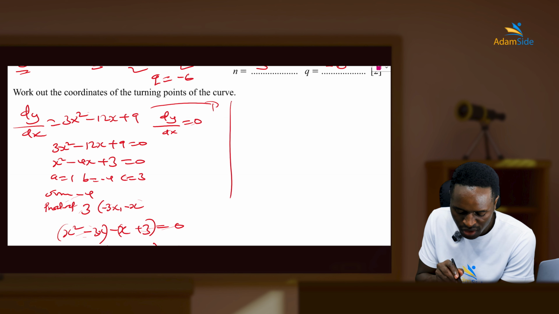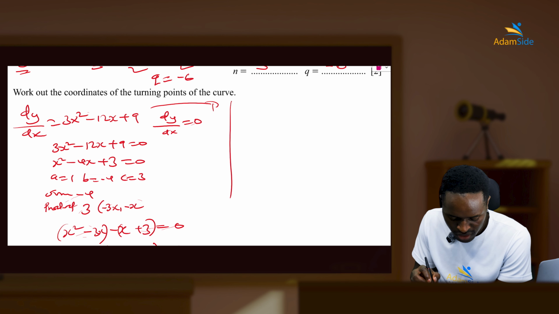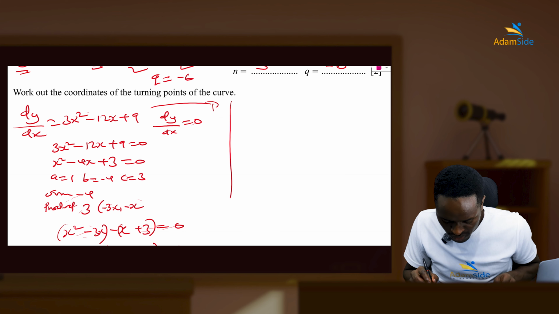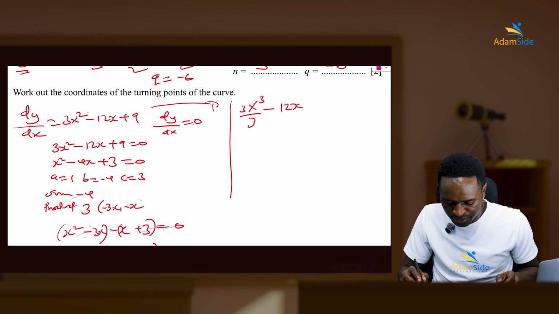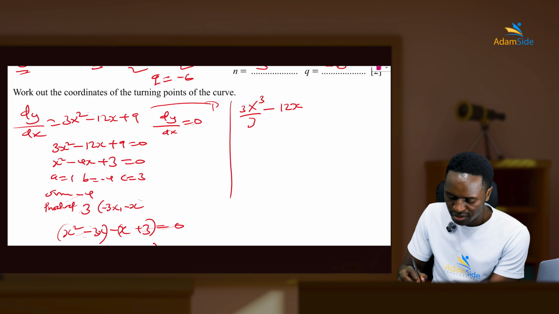So this needs you to know the laws of differentiation. You integrate your function. So it will be x power 3 divided by 3 minus 12x, so 12x power 2 divided by 2 plus 9x plus c.